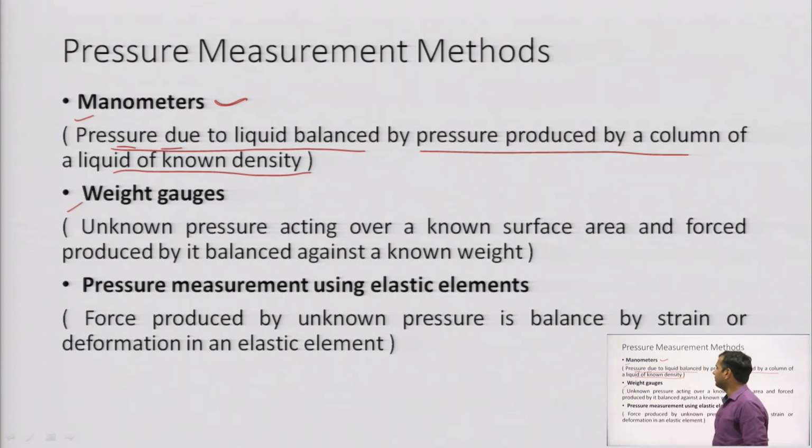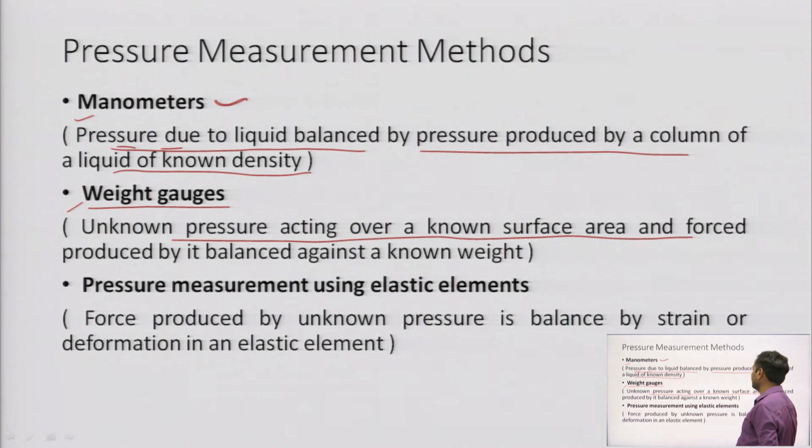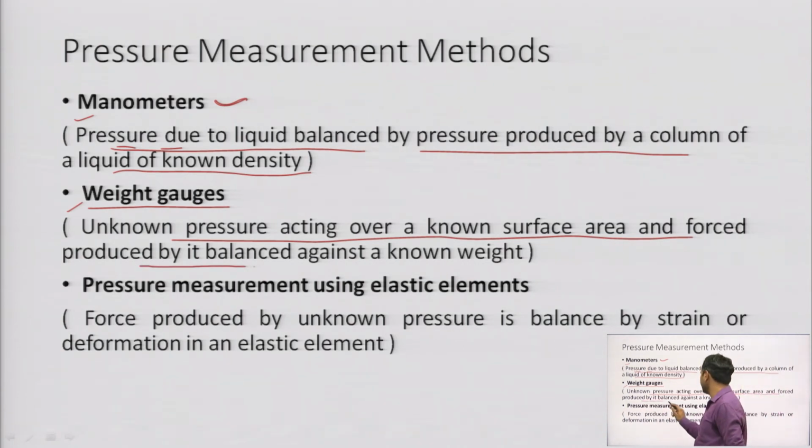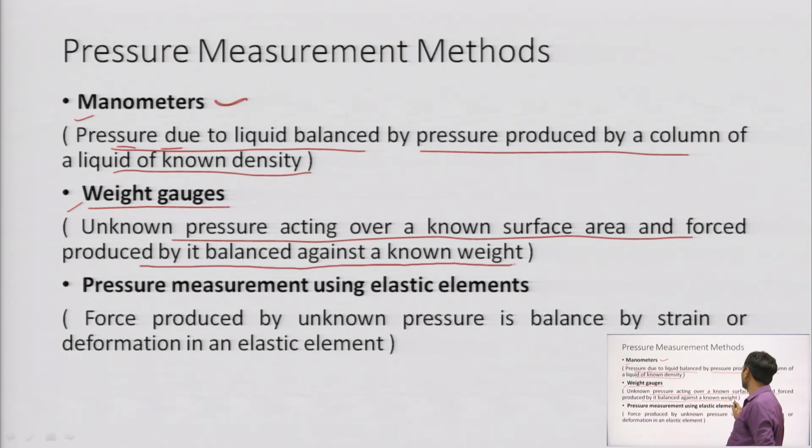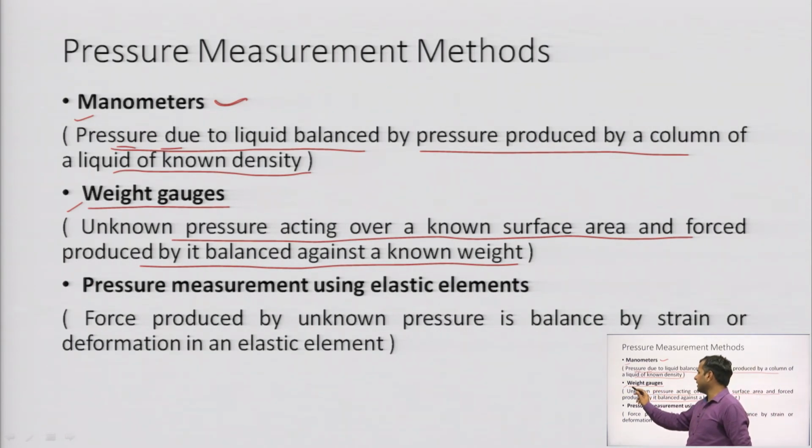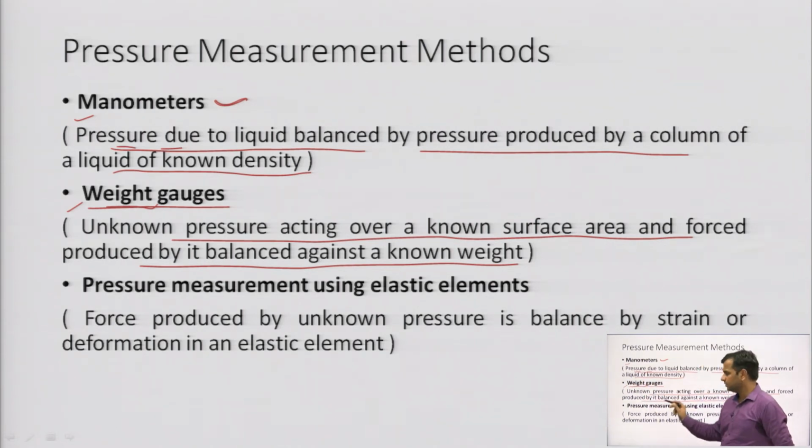Second type of pressure measurement device is the weight gauges. When we talk about the weight gauges, it is the unknown pressure acting over a known surface area, and the force produced by it is balanced against a known weight. So, the pressure caused by the weight of anything will be called a weight gauge.